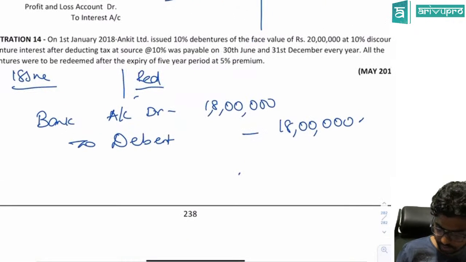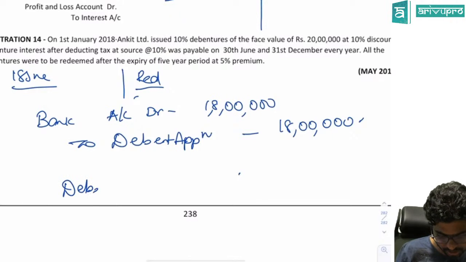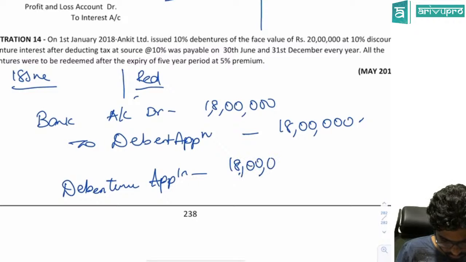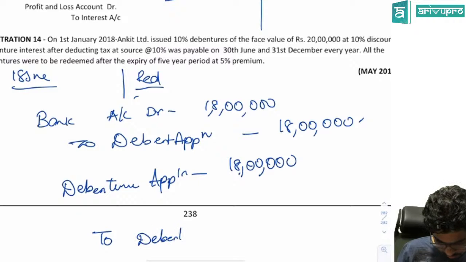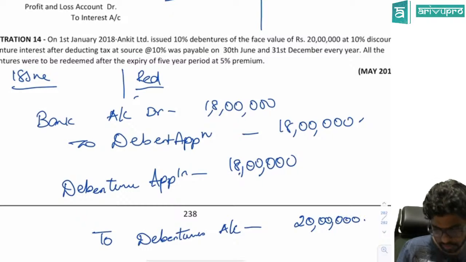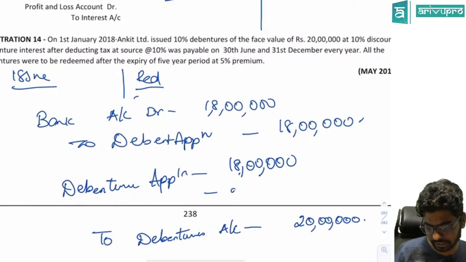Then debenture application account debit 18 lakh, to debentures account 20 lakh, to discount account 20 lakh.